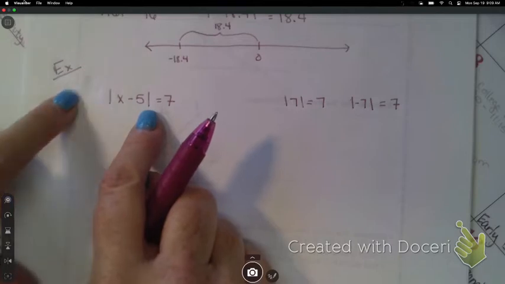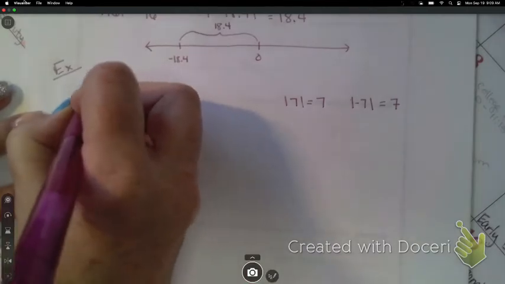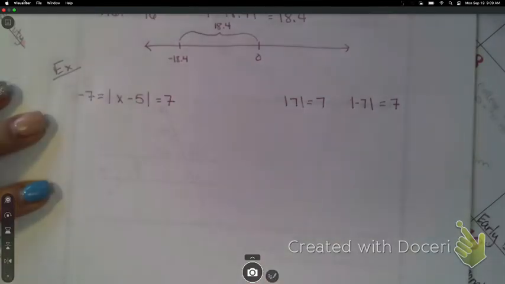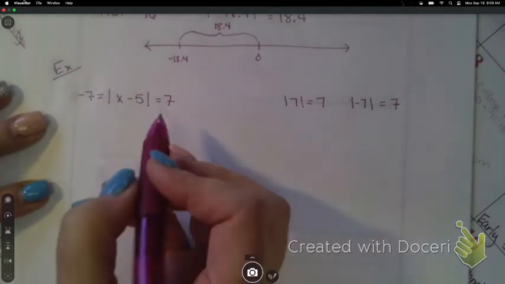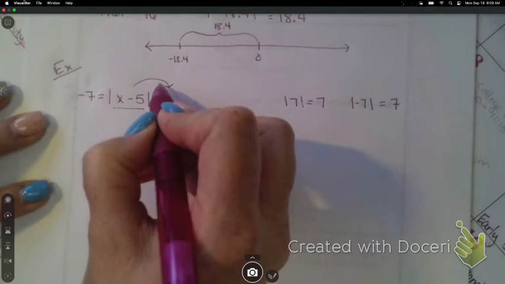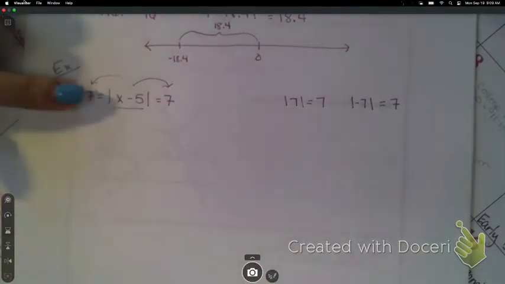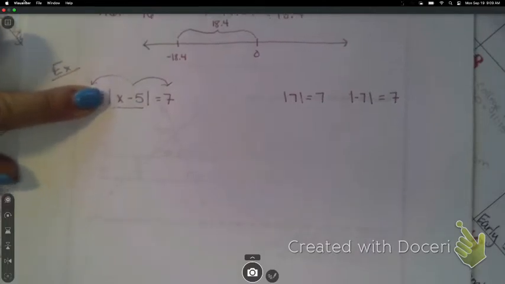Yeah, there's no plus, minus, or multiply by anything. So then we just say it also equals negative 7, because in here can either equal 7 or what? Negative 7. So if I cover this up and ignore the absolute values, how would you solve that?